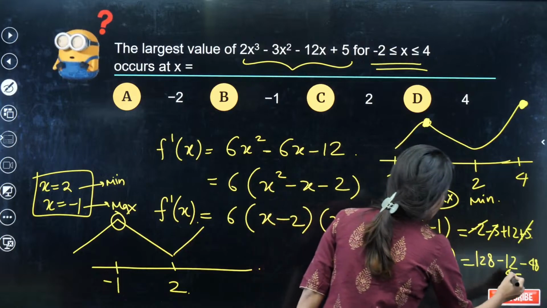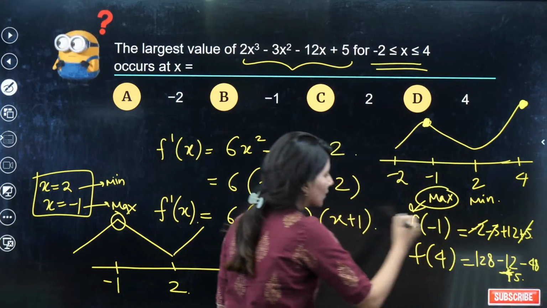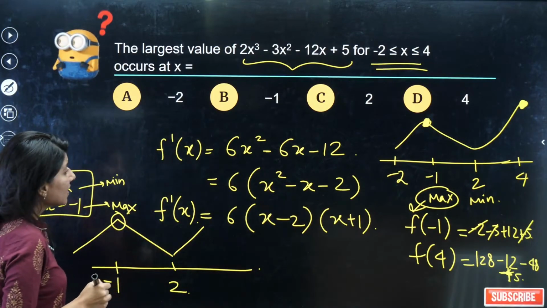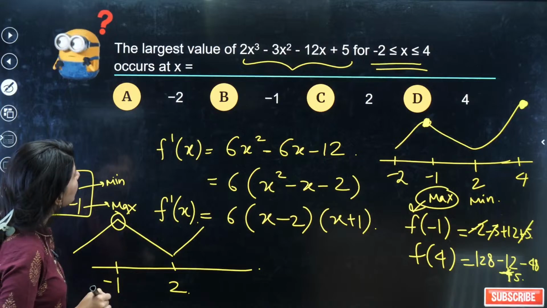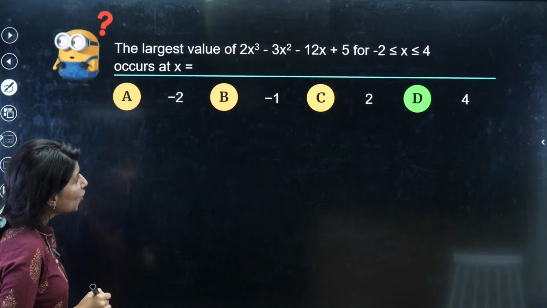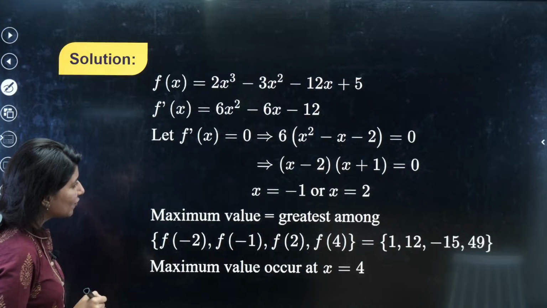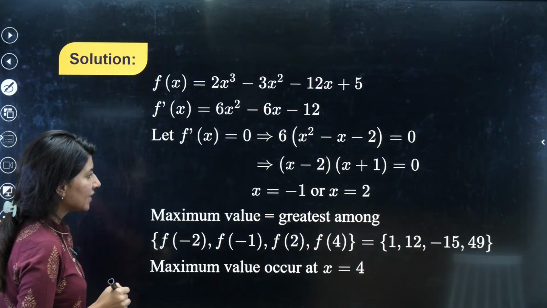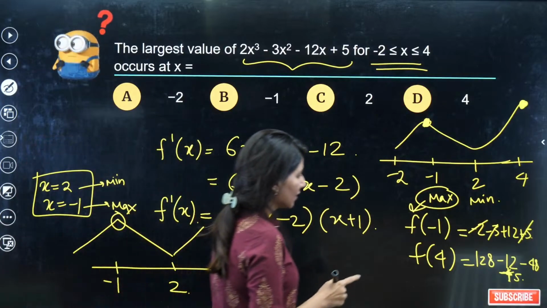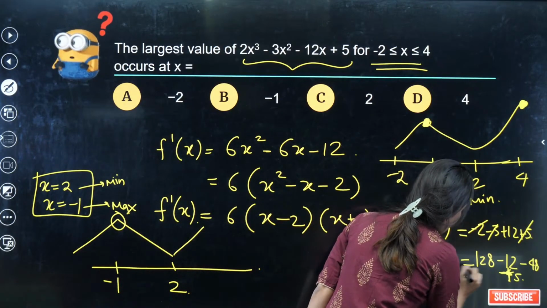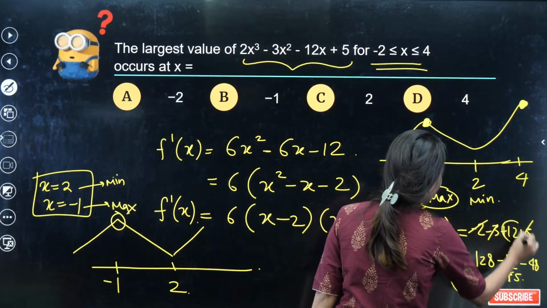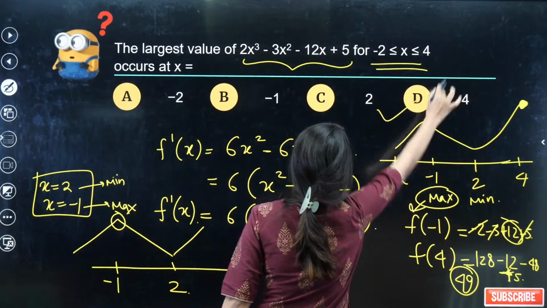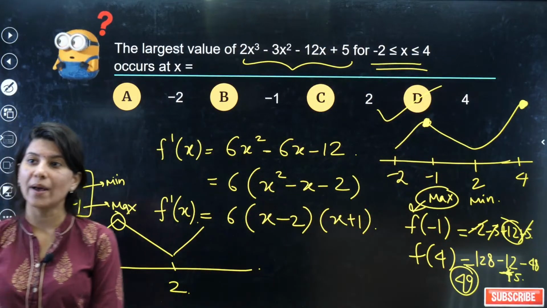Yes, you calculate this value and you realize, okay, f of 4 you are going to get what value? Yes, you're going to get 49, right? Out of 49 and out of 12, which one is the bigger value? 49. So that means at x equals 4, this time you're going to get the largest value.